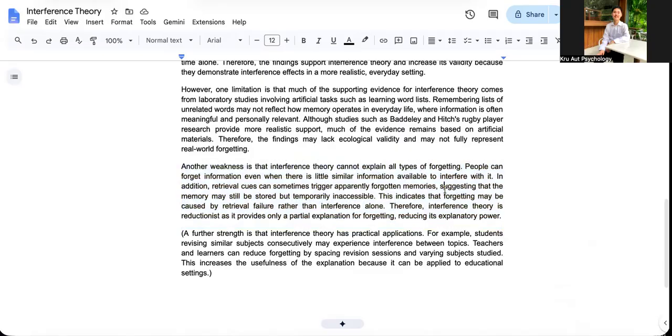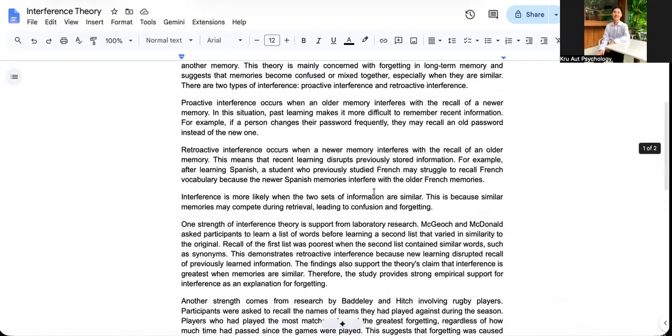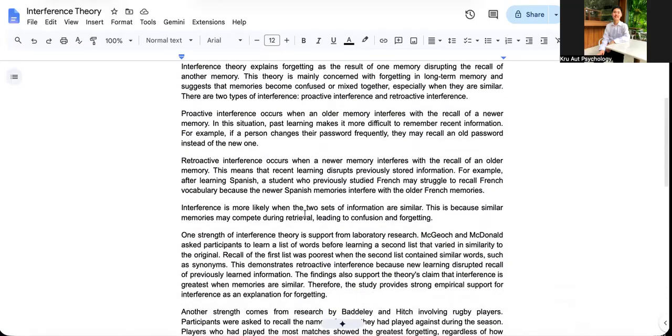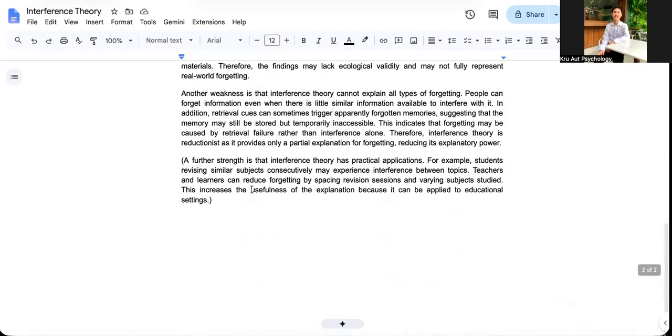It's better because it suggests memory can still be there, but you're just not able to retrieve it correctly. Don't get me wrong, interference and retrieval failure are not the same thing. It's actually different, even though somewhere in AO1 I did mention that it's during the retrieval process, but no, it's a different process.